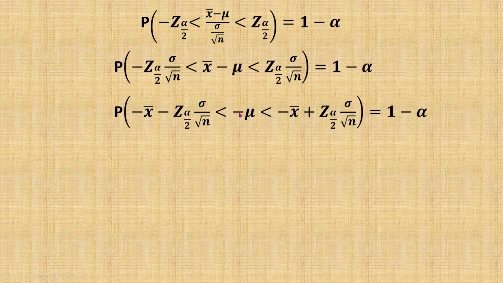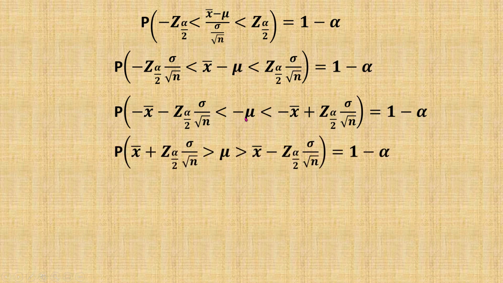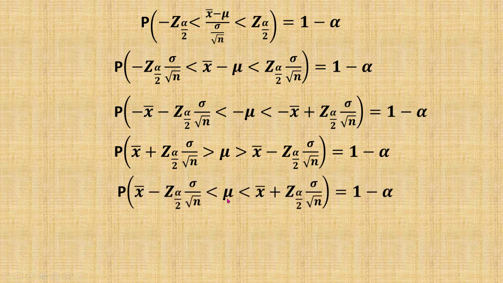Then I change the negative into positive. When I change the negative into positive, this direction will change, and when I rearrange this inequality, I find that mu is greater than x bar minus z times the standard deviation of x bar, and mu is less than x bar plus z times the standard deviation of x bar.